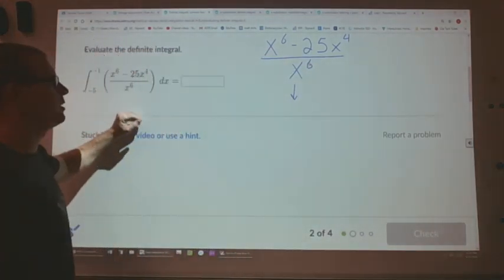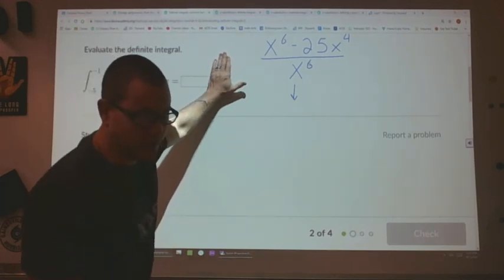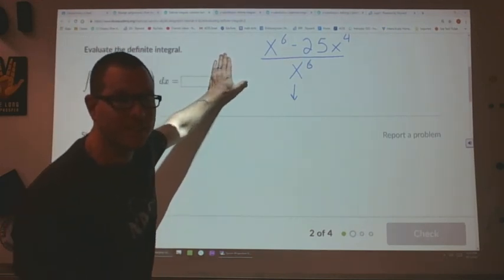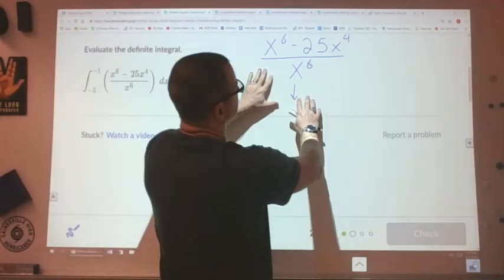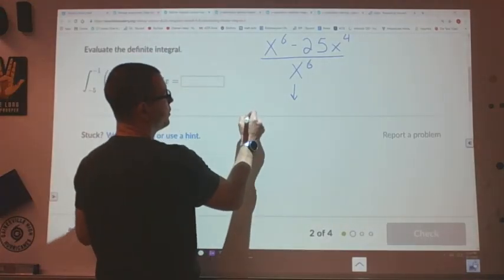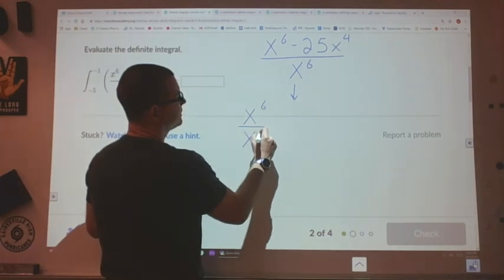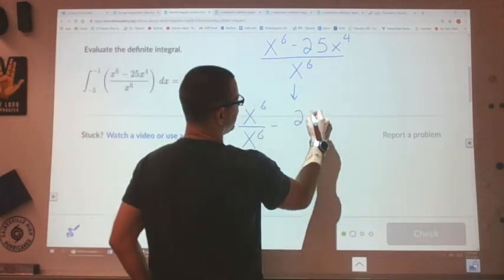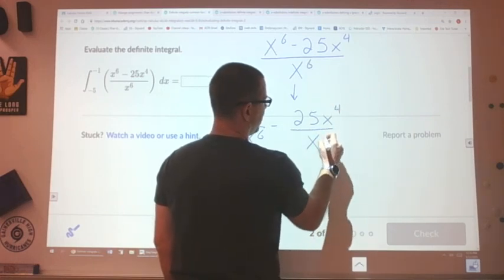For integrals, you have integration by partial fraction decomposition, which we did not cover and will not be covering, but that would be similar. But we want to break this up. I digress. I'm sorry. I want to break this up, so I'm going to rewrite it, decomposing the fraction. x to the 6th over x to the 6th, and then minus 25 x to the 4th over x to the 6th.